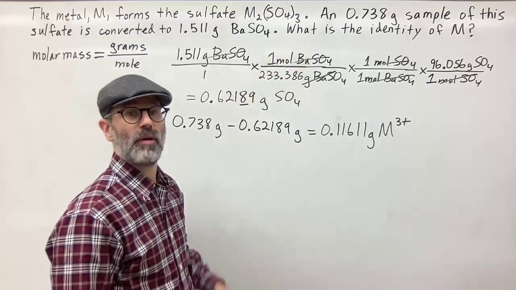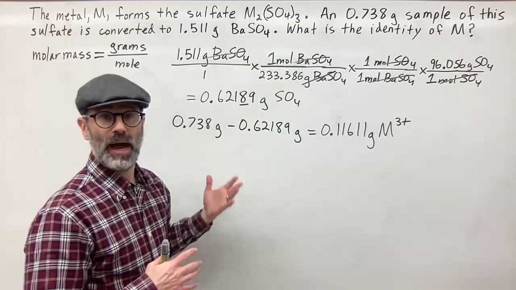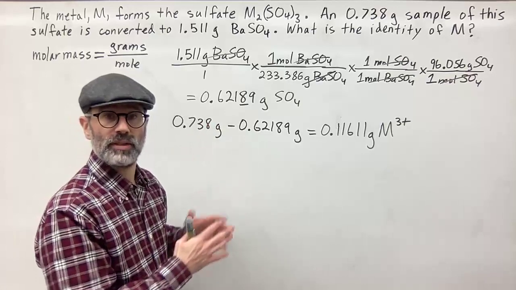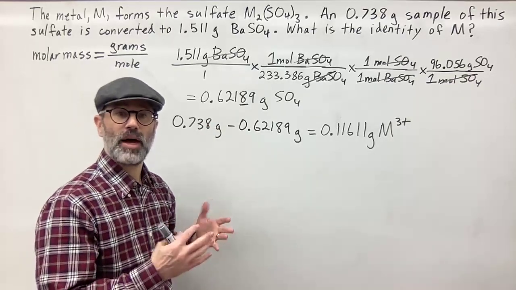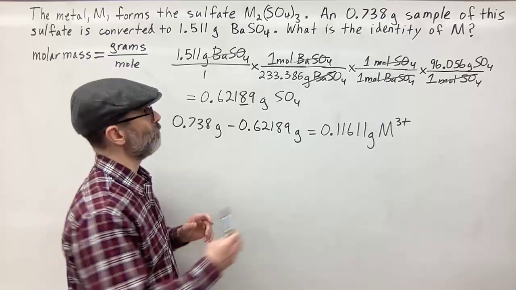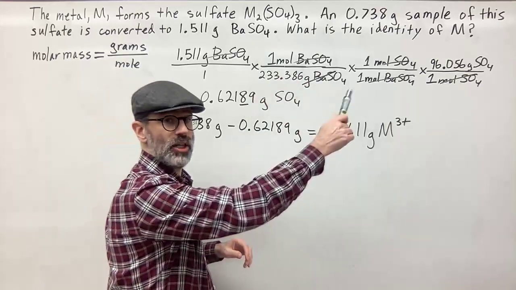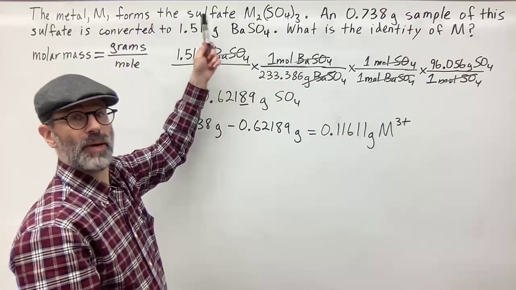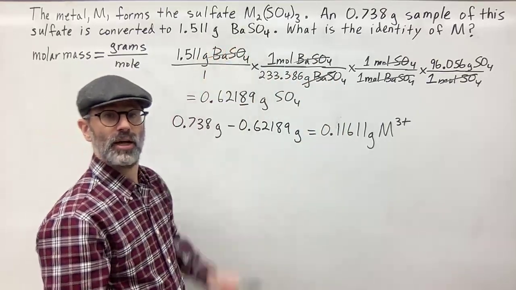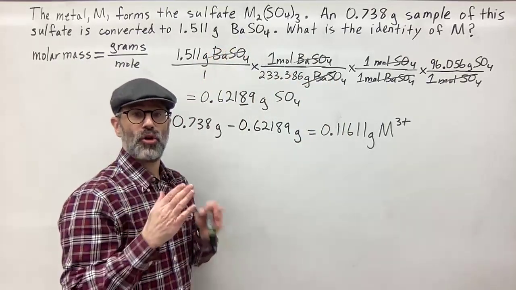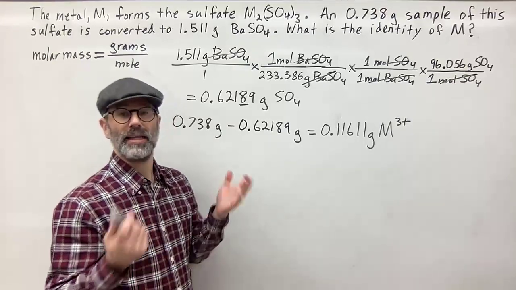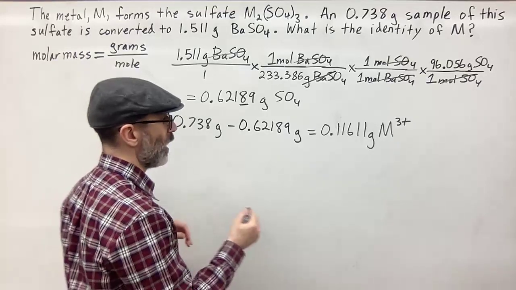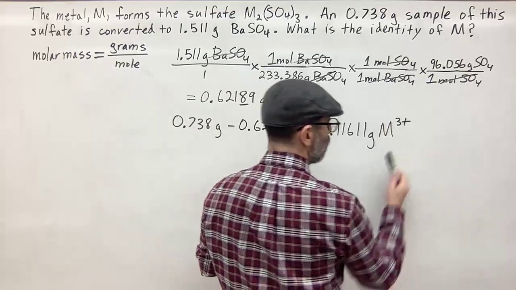Remember, all ionic compounds have to be neutral. So I need a total of +6 for the metal. I have two metals, so that +6 has to be divided evenly among the two metals, and that's 3 apiece. So I know that this has a +3 charge.